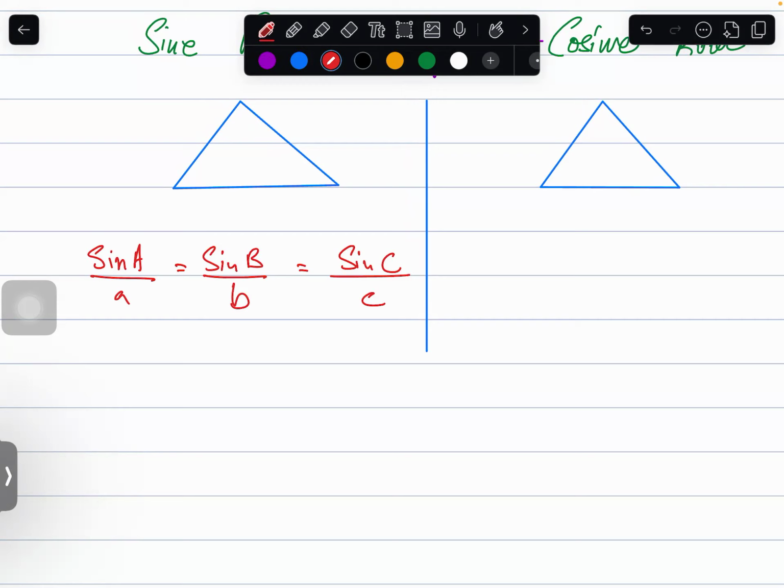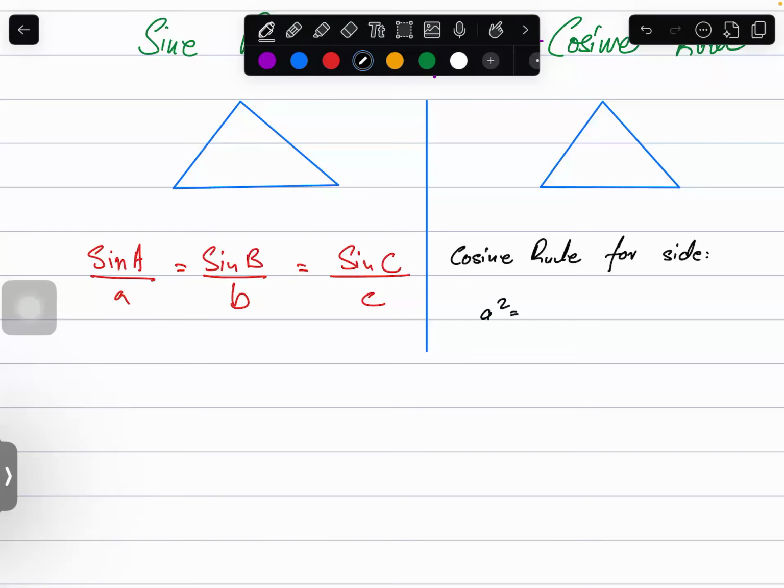Now, if you look at the formula for the cosine rule, there are two types of formula. One is the cosine rule to find a side.